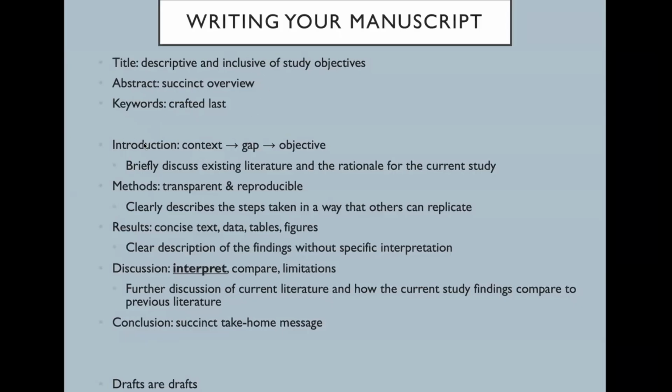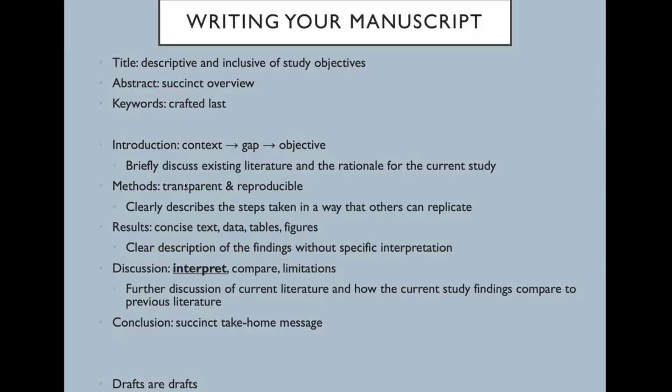Starting with the introduction, it gives the context, examines what the gap in the literature is, and then ends with the objective. We talked a little bit about this in appraising different studies. The introduction section seeks to briefly discuss the existing literature and the rationale for the current study: what the current literature is, why there's a gap, and how this study aims to bridge that gap.